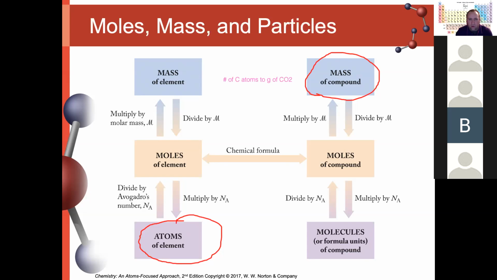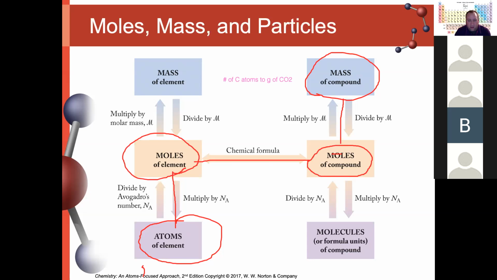Well, the approach that I would end up taking is that I would need to start here with my atoms. I would need to go up and calculate the number of moles of carbon that I had. I would use the chemical formula to go from moles of carbon to moles of carbon dioxide. And then I would use the molar mass of carbon dioxide to figure out its total mass.